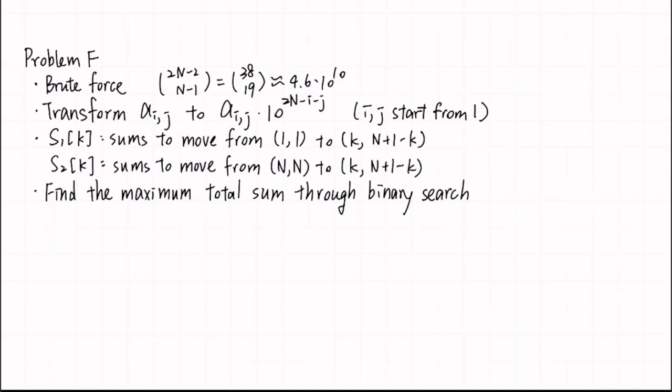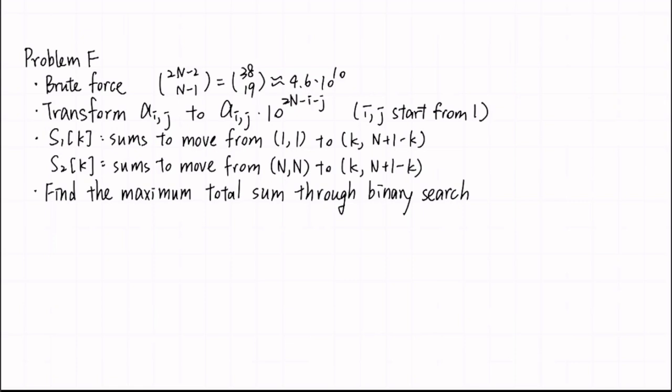We can first transform each cell a_ij into a_ij times 10 to the power of 2n minus i minus j, and in my code I used i, j starting from 1.